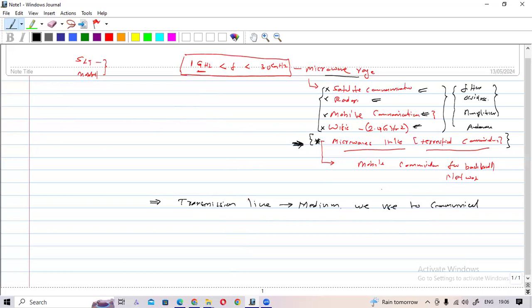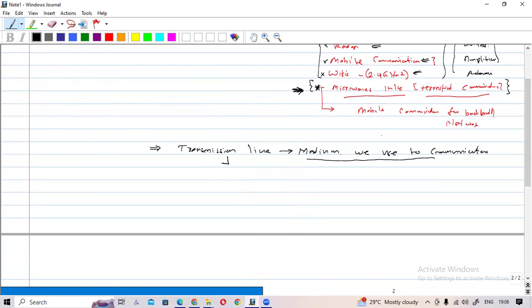That is the transmission line. This may not be the definition, it is just an explanation. That is actually the medium.